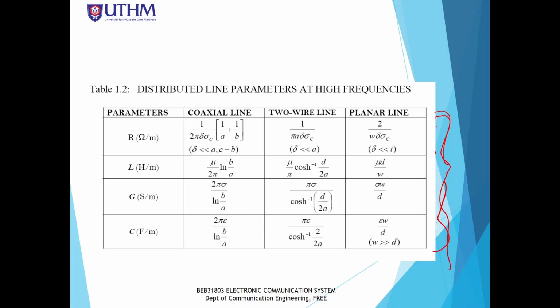This is one method to calculate the lump elements parameters based on the dimensions of the cable. There is also another method to calculate the parameters, which you will learn later.